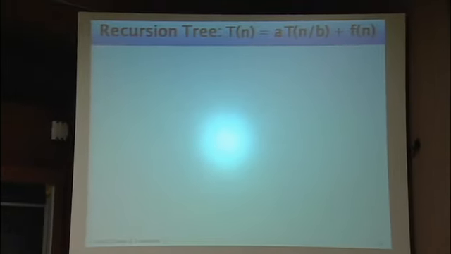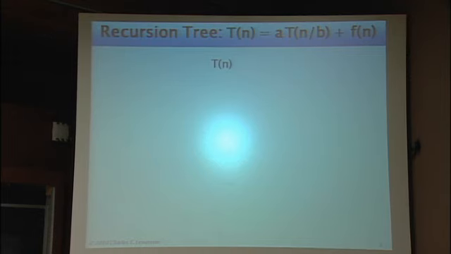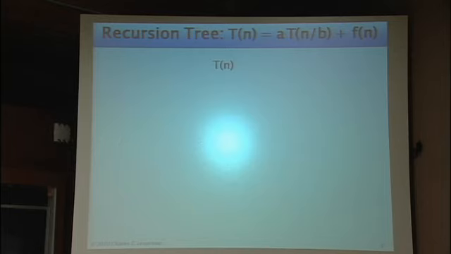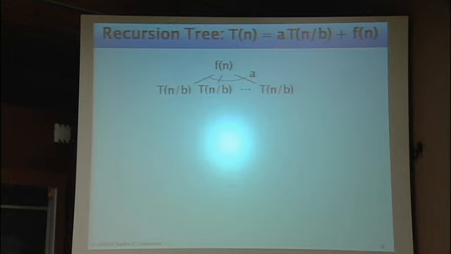So the way to solve this is, in fact, the way we've seen before. It's a recursion tree. So we start with T of n, and then we replace T of n by the right-hand side, just by substitution. What's always going to be in the tree as we develop it is the total amount of work. So we replace it by f of n plus a copies of T of n over b.